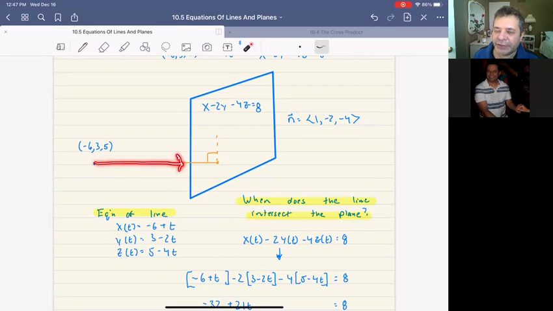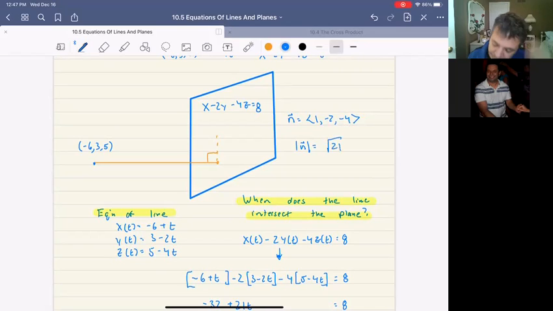So I'm going to take this magnitude of n, which is the square root of 1 plus 4 plus 16, which is the square root of 21. That's how far we move each second.